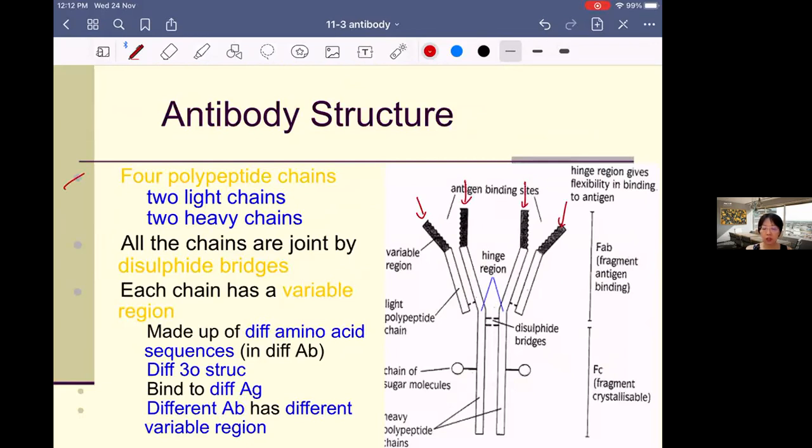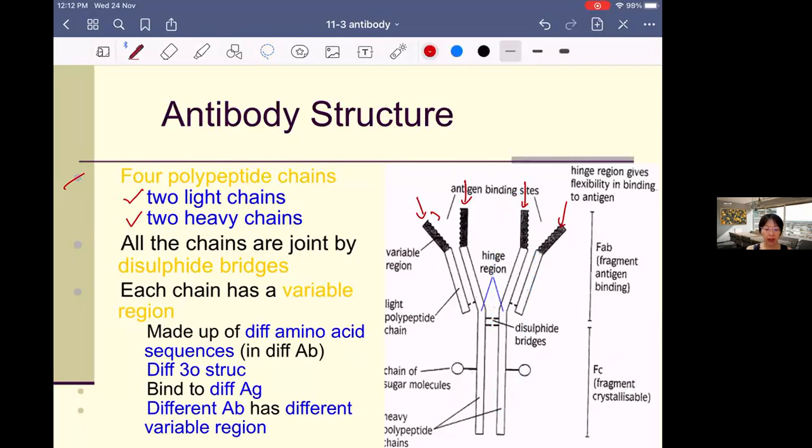You have 2 light chains and 2 heavy chains, because there are 2 chains that are actually shorter, and 2 chains that are longer. So 2 light chains for the shorter chain, 2 heavy chains for the longer chain.